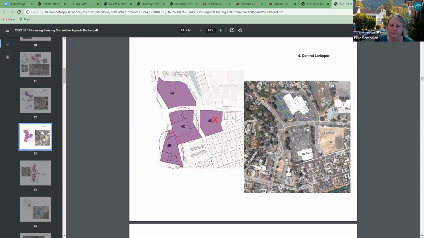The specific plan, the Central Larkspur Specific Plan, does have some protections, and I think it would be a good idea to try to make some of the standards in those specific plans objective.